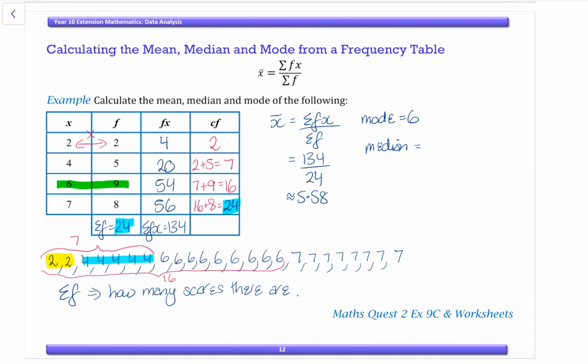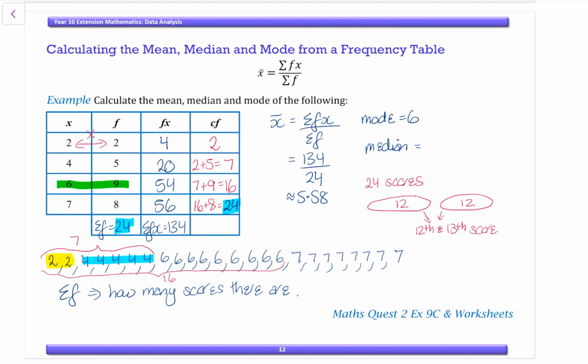To find the median, if we've got 24 scores, you would think about having 12 scores here and 12 scores here. We've separated it into 2 lots. So to find the median I need the 12th and 13th score or piece of data.